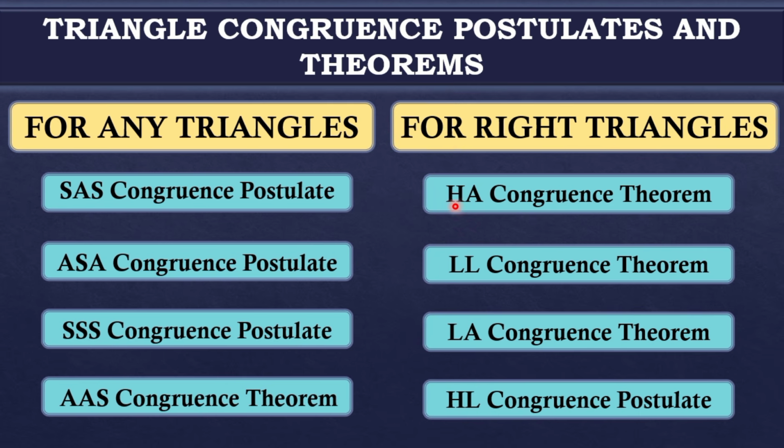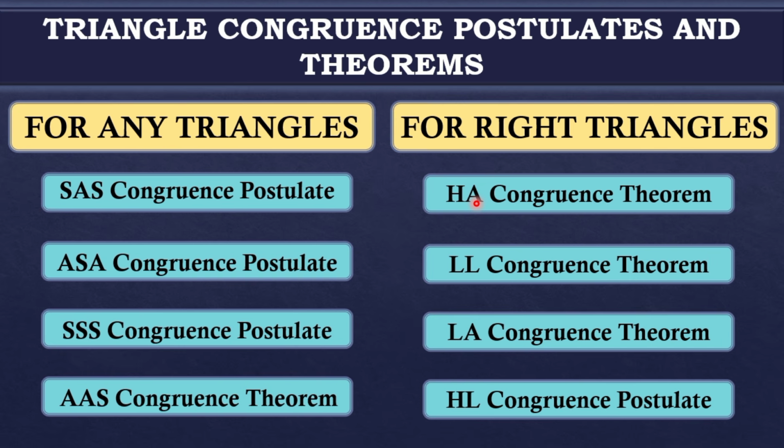That's why we only need two corresponding congruent parts of the triangle because your triangle is already a right triangle. Ibig sabihin, yung right angle mo doon, that is the first part already. Okay?